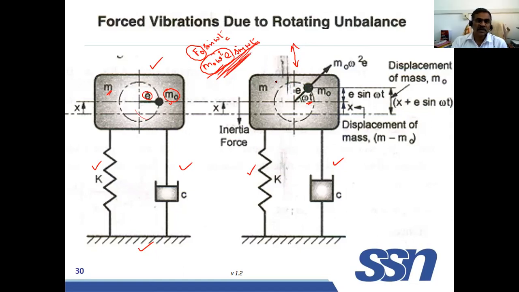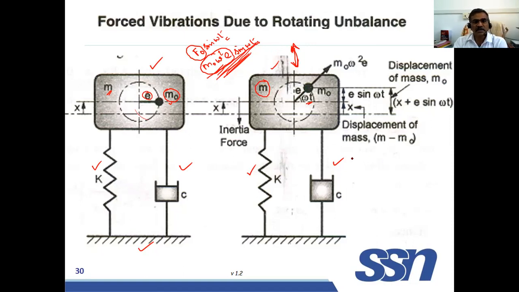So now, when this machine has a mass of m and a forcing function of m naught omega square e sine omega t acting on it, how will it vibrate? This is almost similar to the problem we discussed previously.